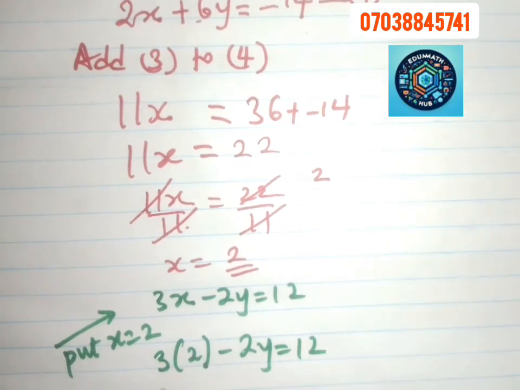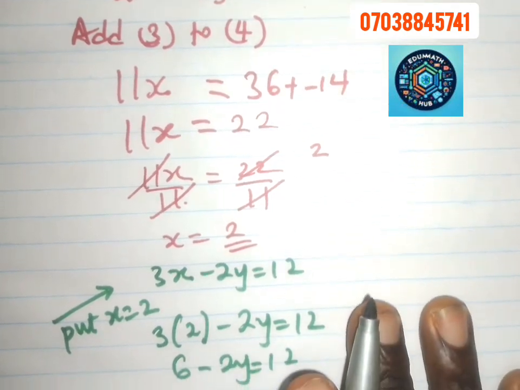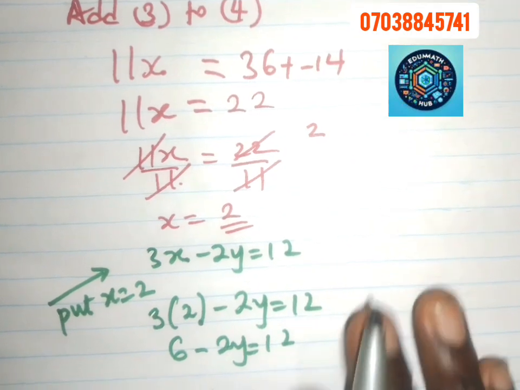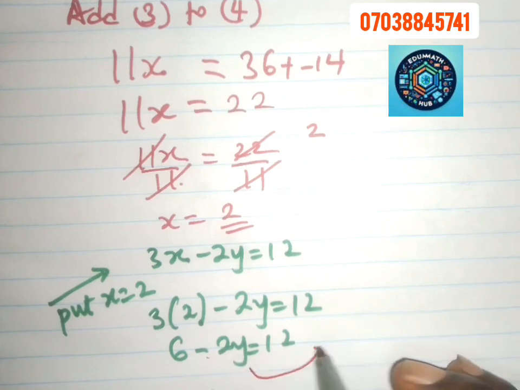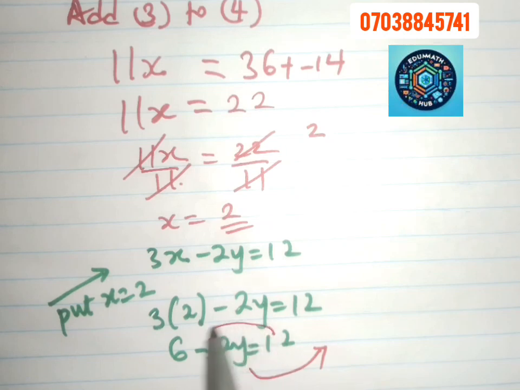So from here, 3 times 2 is 6, minus 2y is equals to 12. So right now, to get the value of y, just bring this negative 2y to this side. Then bring this 12 to this side.